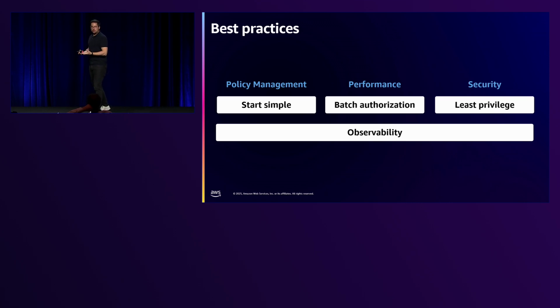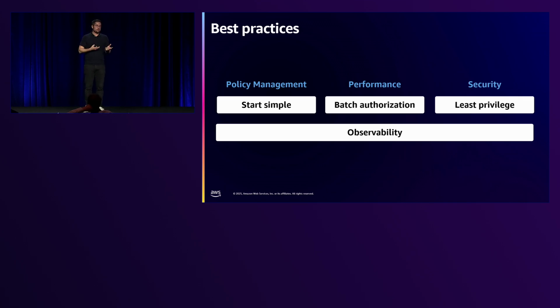You can also observe the policy changes when it comes to policy management and see if your app still works. You can observe the performance or also the quotas that you use within your AWS environment. And when it comes to security, you now have those centralized logs that you can correlate with other logs and see if what your application does is actually what it should do when it comes to access control.